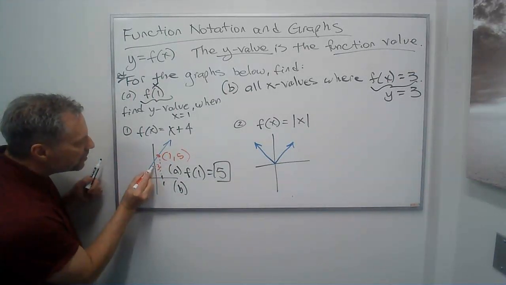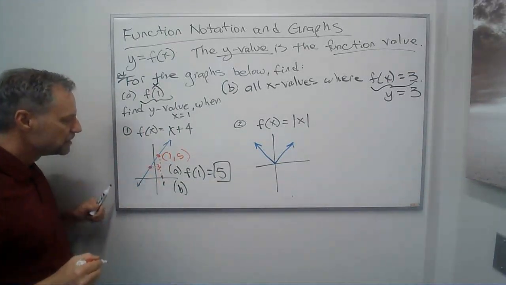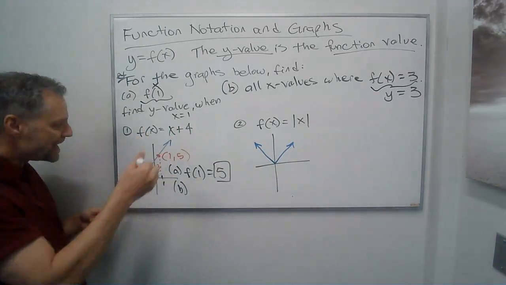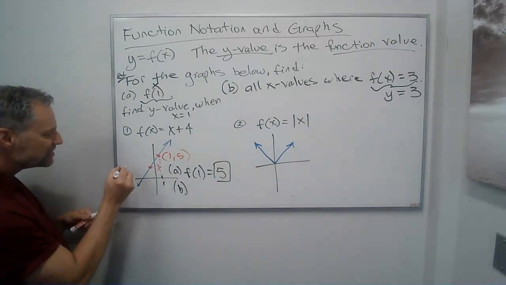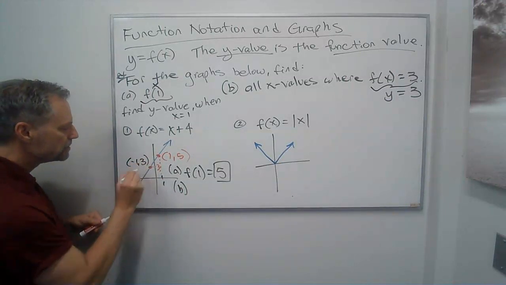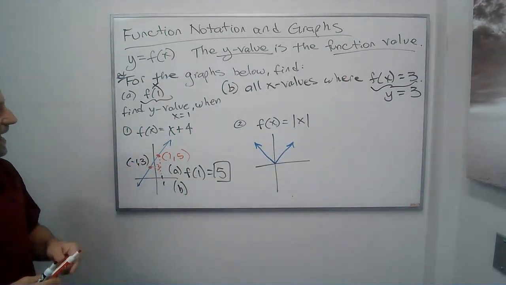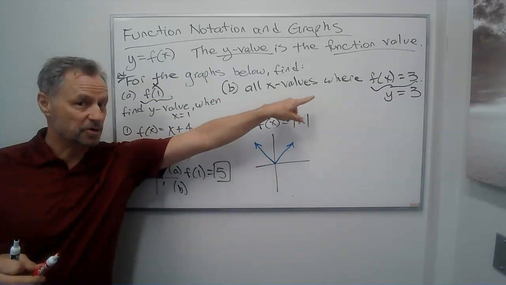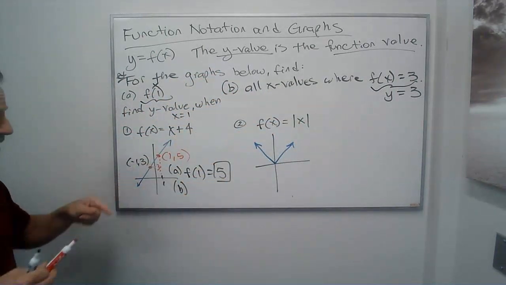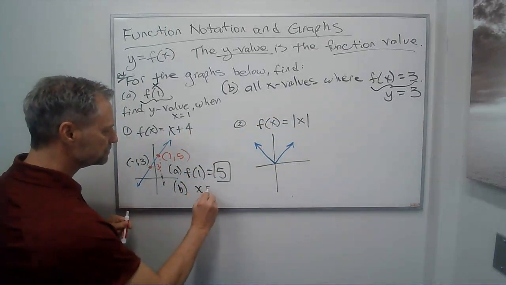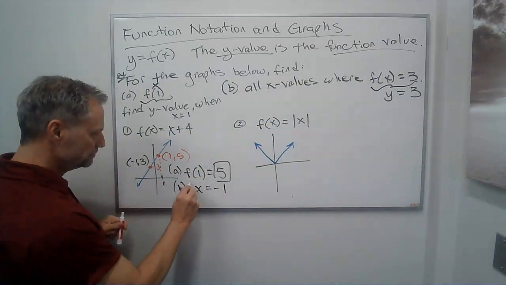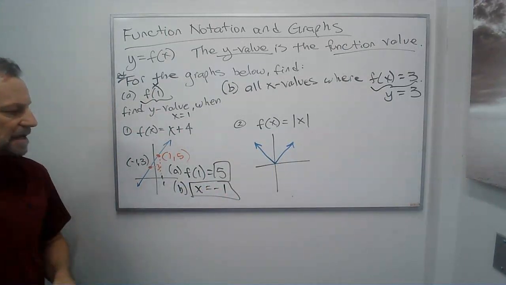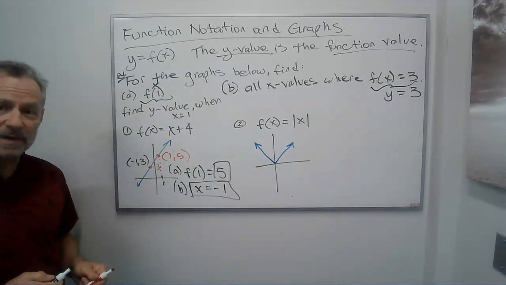Well, that's going to be this point right here. If we find out what satisfies that, that's going to be negative 1 comma 3. And so all x values where f of x equals 3 or y equals 3, there's only one of them. It's where x equals negative 1. And so that's my answer for part B.